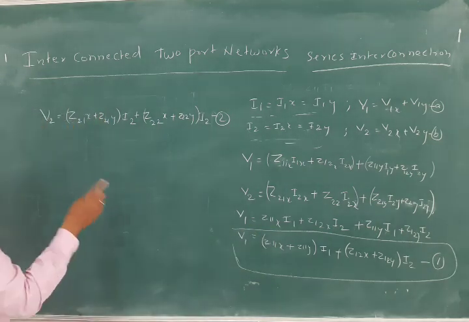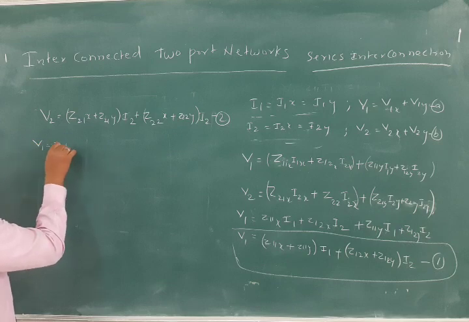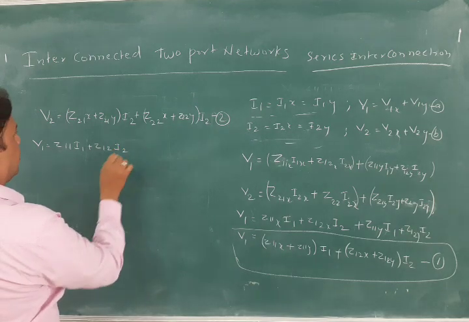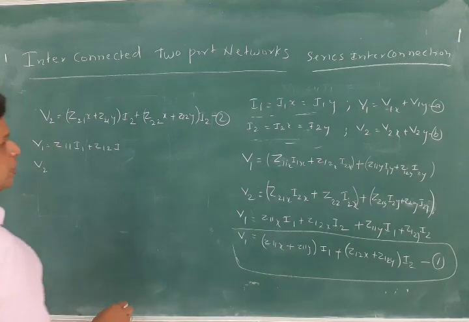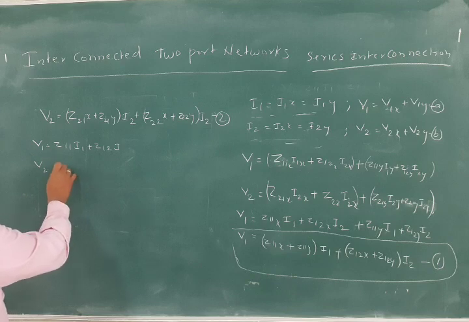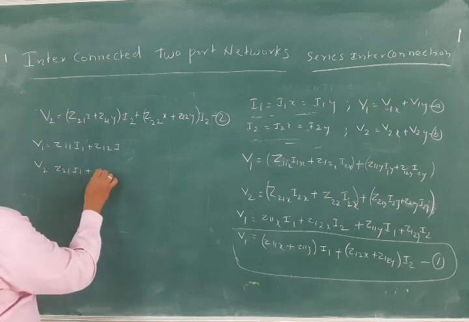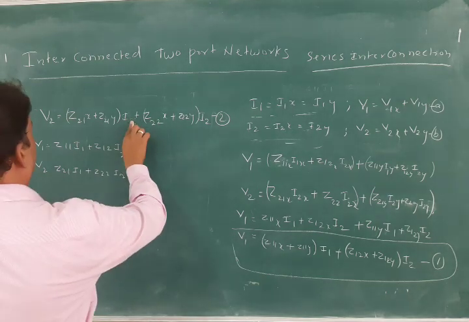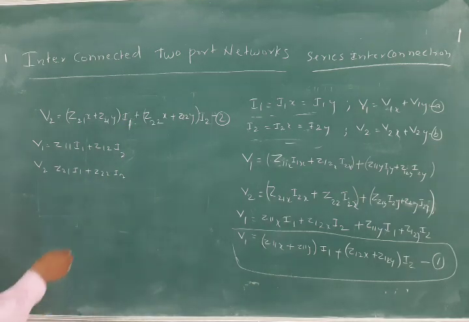Now, if we compare these equations with the standard equations of the Z parameters, which are V1 is equal to Z11 I1 plus Z12 I2 and V2 is equal to Z21 I1 plus Z22 I2.